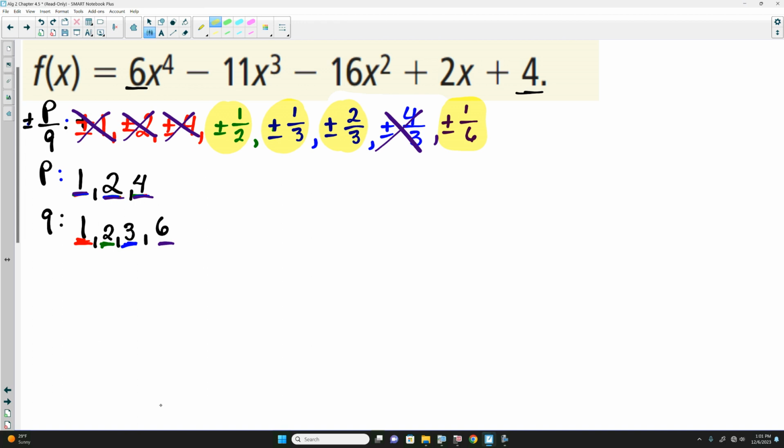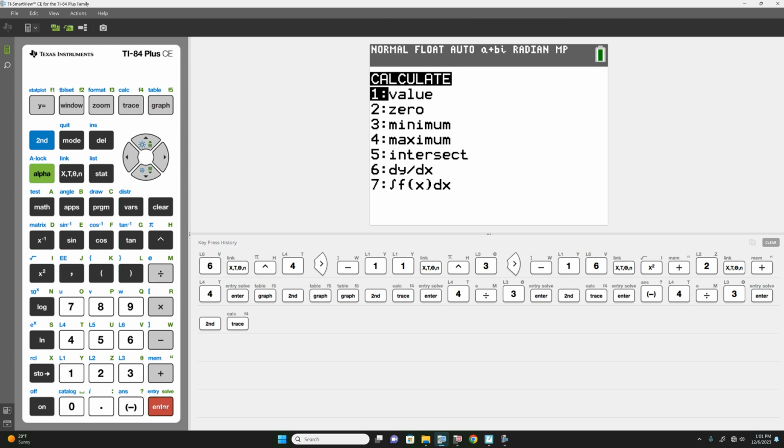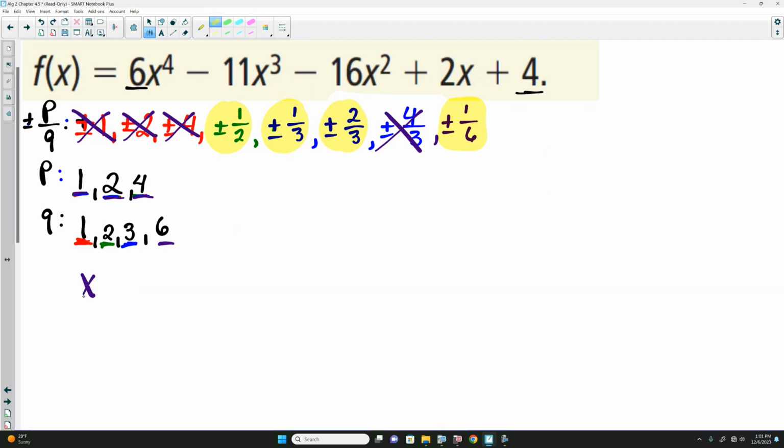Let's try one. Which one do we want to try next? 1/2. So in the graphing calculator, we can just say second trace, value, 1 divided by 2 is 0. So we know one of the solutions is 1/2. We can try -1/2.